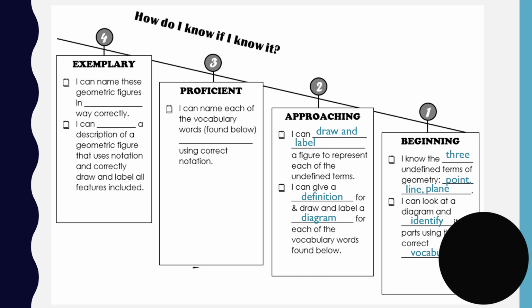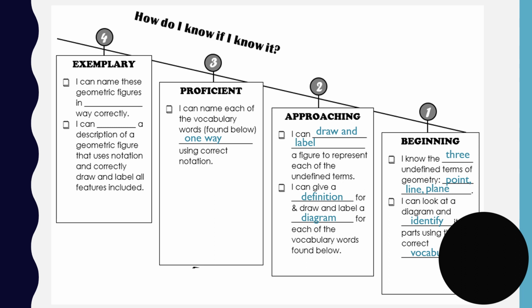Level 3, which is considered proficient, is that I can do level 1, I can do level 2, and I can also do level 3, which is I can name each of the vocabulary words found below. You can kind of see them in a box just to the lower left of this part of the page. I can name them using the correct notation.